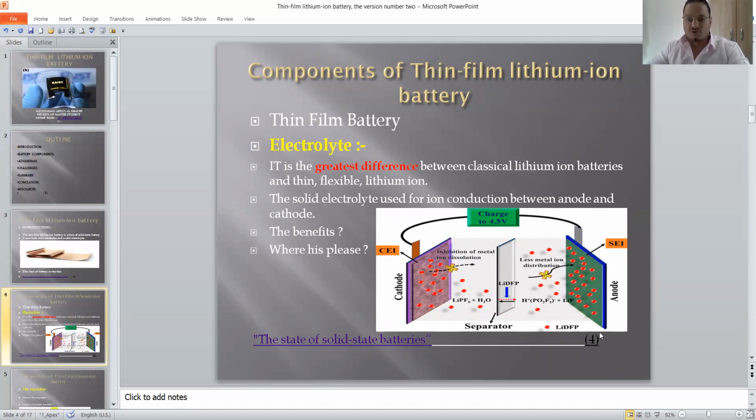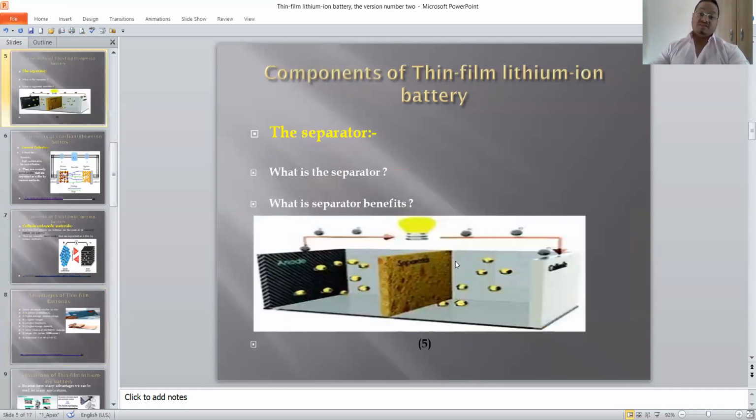No way, we will lose our system, we will lose money, because that is very important. Okay, where is its place? Like I said before, it takes the place between these two electrodes. All this space, the electrolyte will take it. Okay, let's go to another slide.